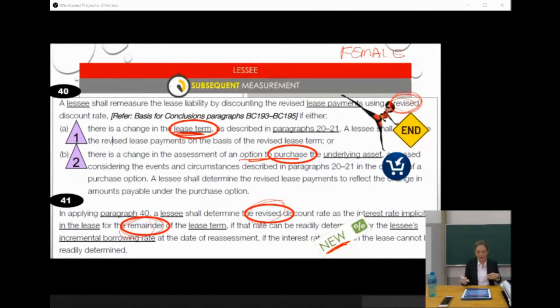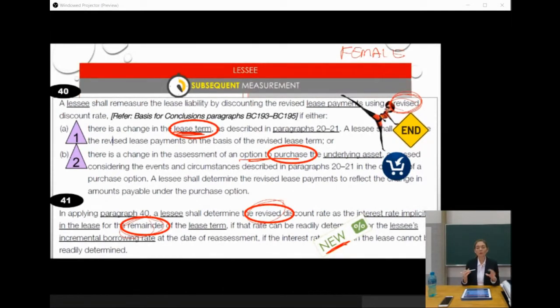So when we have female remeasurements, we use a new interest rate on the date that we change our minds. Why do we use a new interest rate? Remember that these types of remeasurements, when we're changing the lease term or changing our minds with regard to the purchase of the right of use asset, significantly change the nature of the lease agreement.